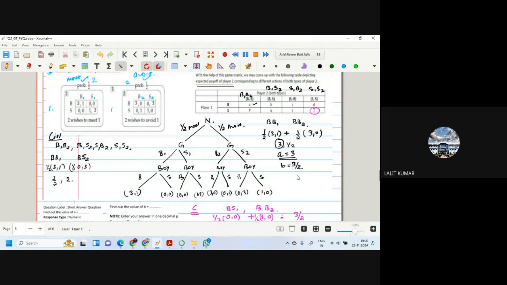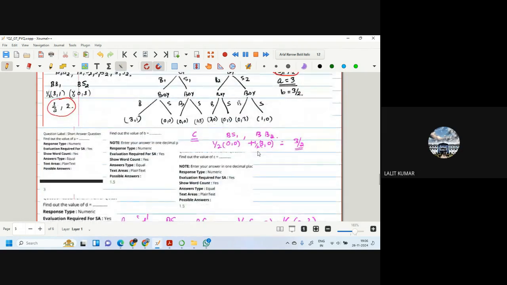A का 3 1 by 2 आया था, है ना. B का हमने फुल नहीं निकाला था. B का क्या था हमारा, B बस B1 BS2, ये रहा 3/2, है ना. तो 3 1 by 2, 3/2.